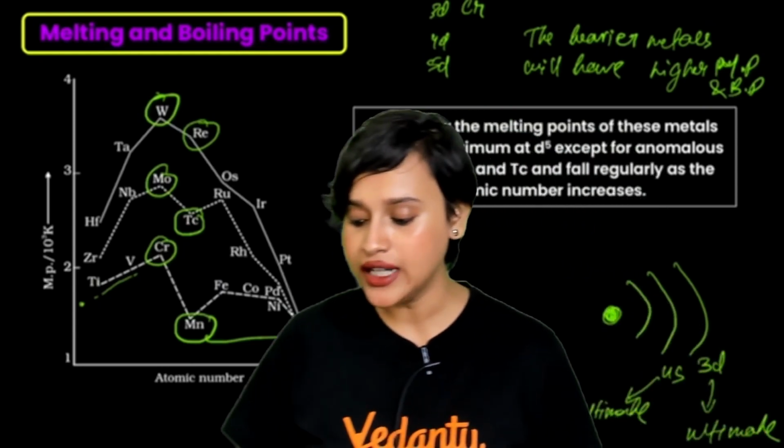Okay, all right. So what did I say, everybody? Let me write that down. Involvement of greater number of electrons from n-1d in addition to ns electrons in the interatomic metallic bonding. Yes, and that is why, because of stronger interatomic bonding, transition elements have high melting and boiling point. So let's write that down.